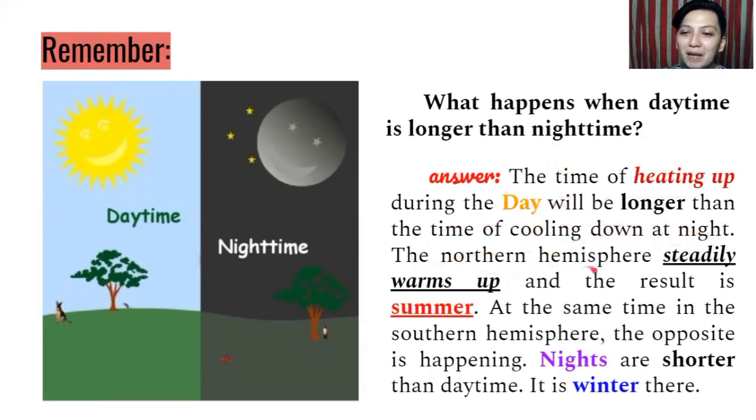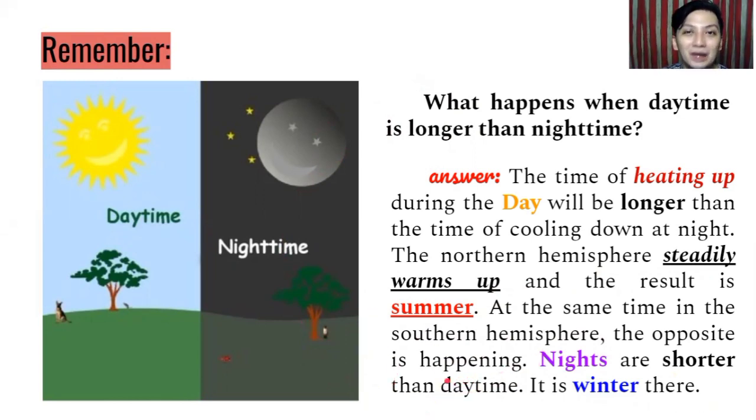So the northern hemisphere steadily warms up and the result is summer. At the same time, in the southern hemisphere, the opposite is happening. Since nights are shorter than daytime, it is winter there. Okay, what happens at the northern hemisphere is the exact opposite that is happening in the southern hemisphere.